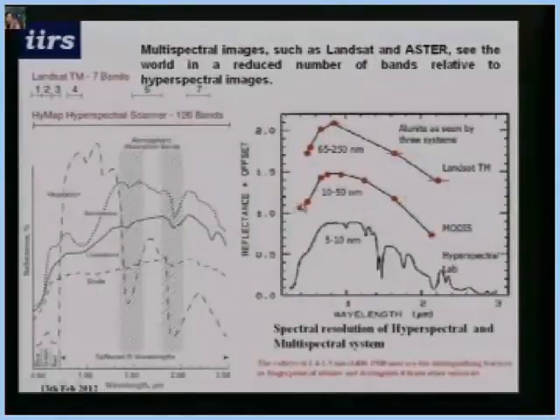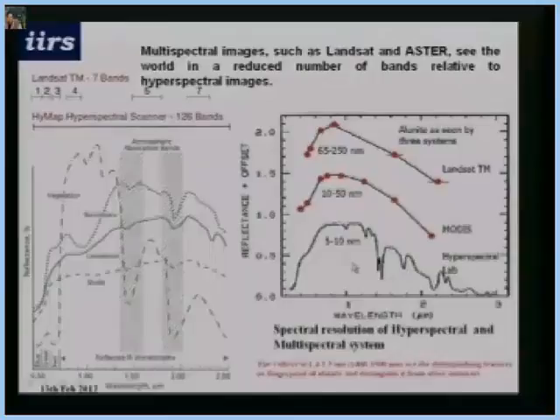With MODIS, it is slightly improved with the number of bands increasing, whereas with hyperspectral you get a continuous spectral profile which can be utilized for identification of that particular object on the ground.